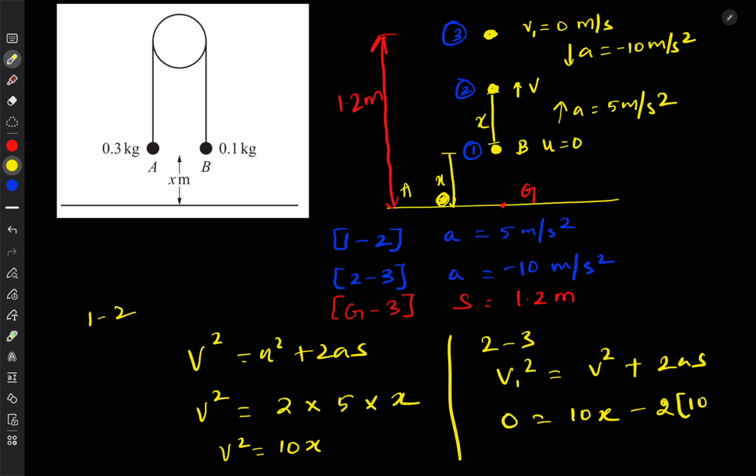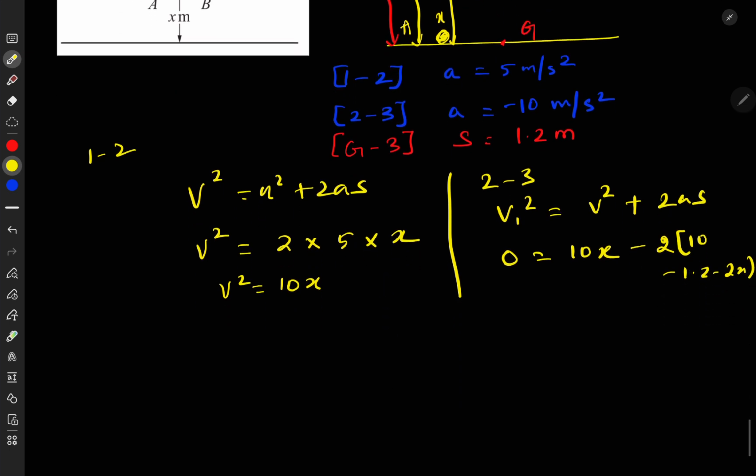It is traveling this distance, right? And if you see from the bottom, this is actually 2x. So this will be 1.2 minus 2x. So let's put that, minus 1.2 minus 2x. Okay, now let's solve this one.